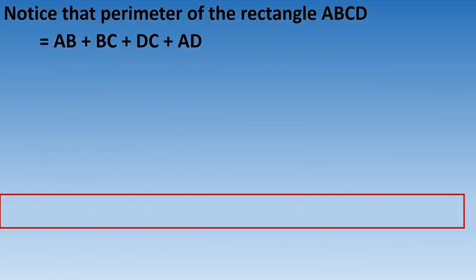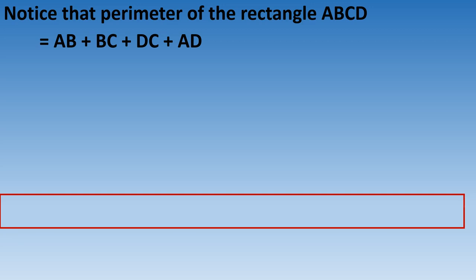Now see that perimeter of a rectangle ABCD, we have written AB plus BC plus DC plus AD. This we have done. But when we see that AB equal to DC, we said that AB equal to DC, these are the opposite sides.